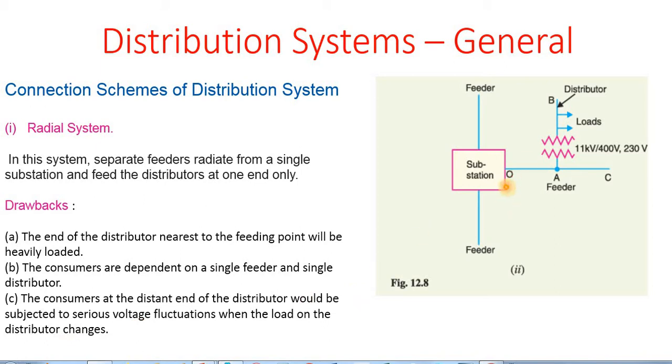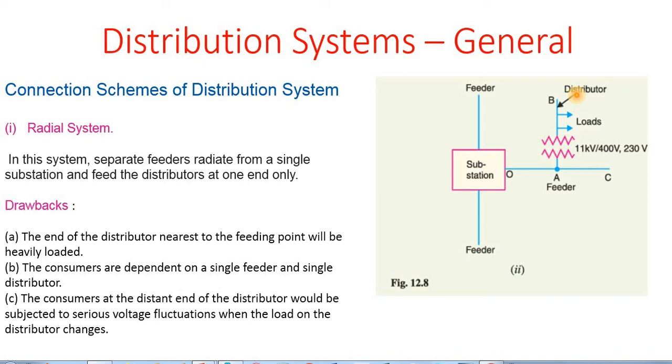For example, if a consumer is at this end, that is the far end of the distributor, there are so many other distributors also which have not been shown in this diagram. So if the load changes in the feeder or distributor, then the consumer at the tail or end will get the most fluctuations.